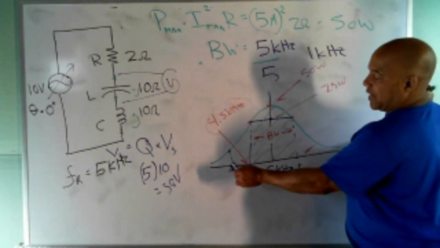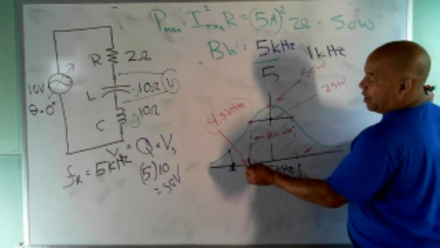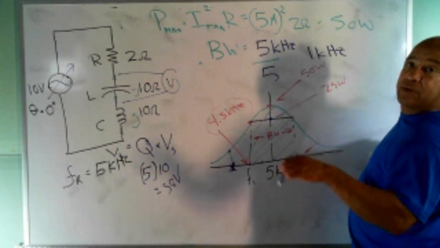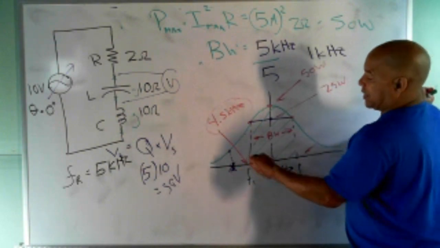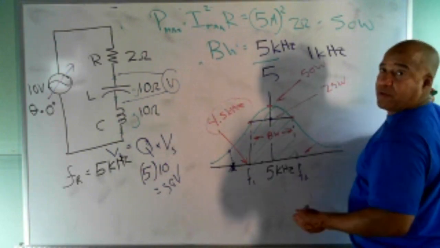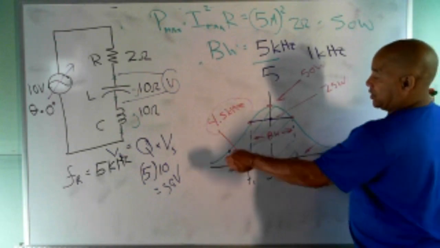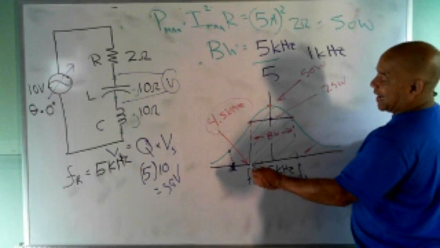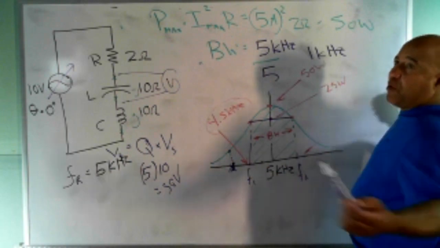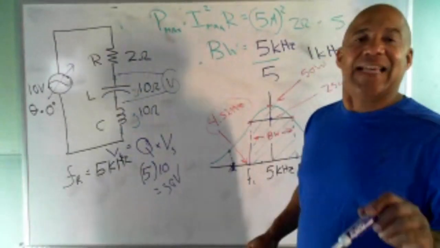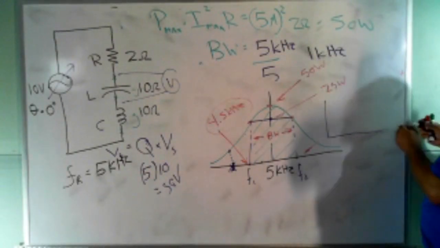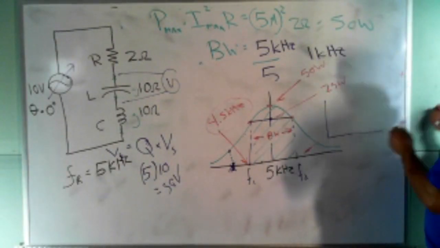If I have a radio station transmitting outside the bandwidth, the power is decreased, or the word is attenuated. Decreased, attenuated. So much that it wouldn't affect anything in the bandwidth because of the steepness of that and how far it is from the half power point. So anything outside the half power point, we just consider it non-existent. Ideally, the bandwidth would look like this. If I had an ideal curve, ideally the bandwidth would look like this.